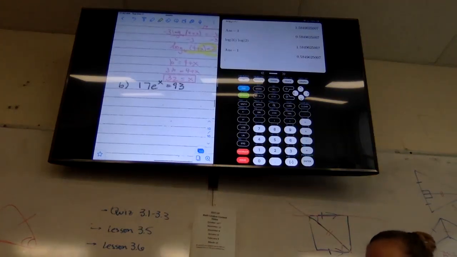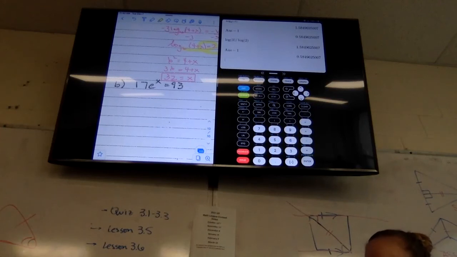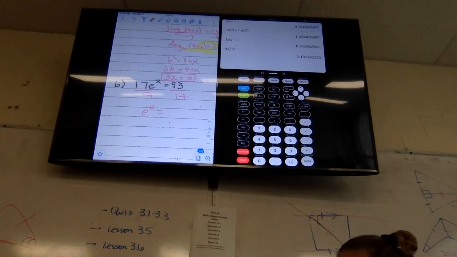This next one, it says 17 times e to the x equals 93. What should we do first? Divide by 17? Good. So it's going to be e to the x equals 93 divided by 17 is 5.47.